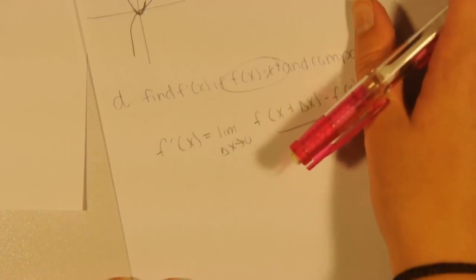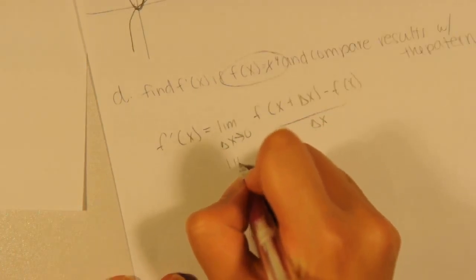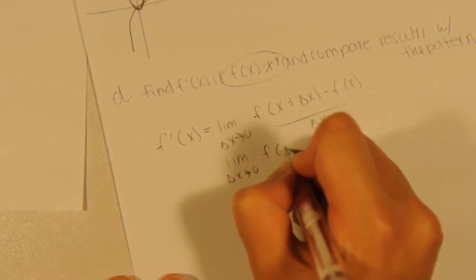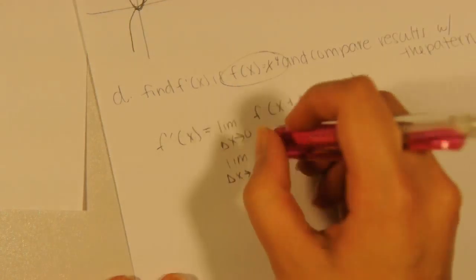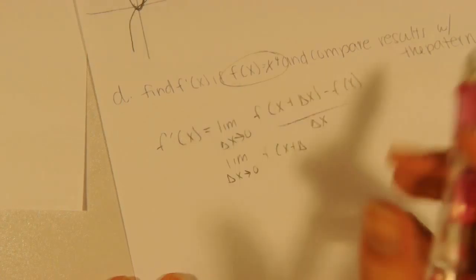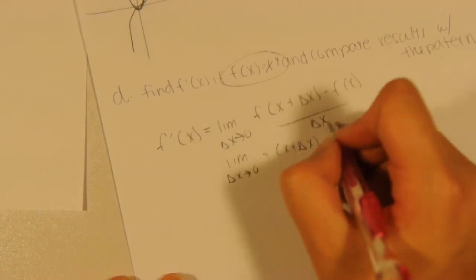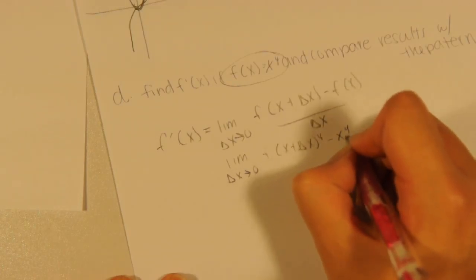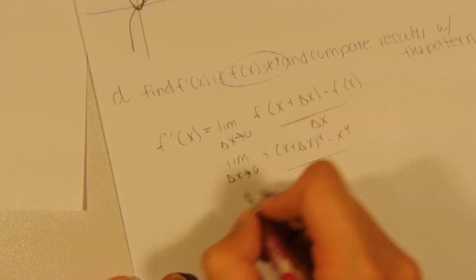So we know the limit as delta x goes to 0 of x plus delta x to the fourth minus x to the fourth all over delta x.